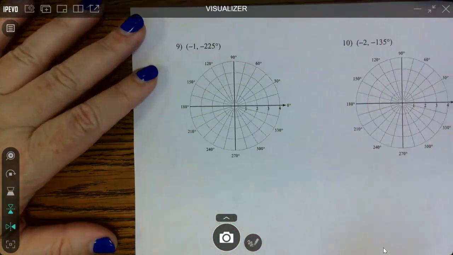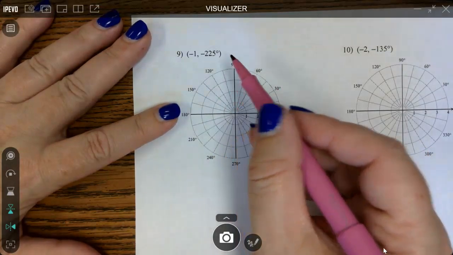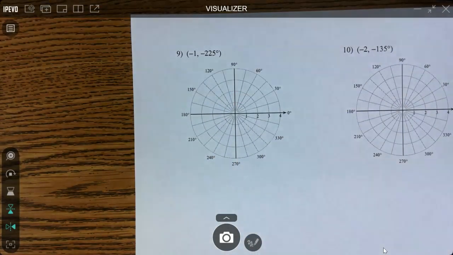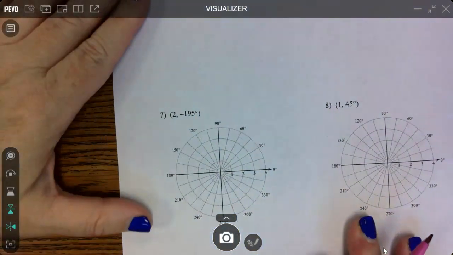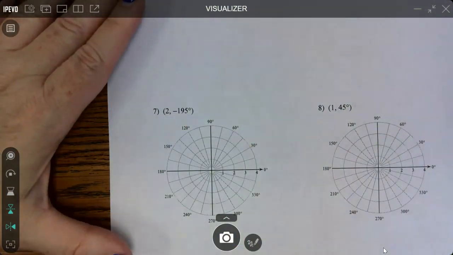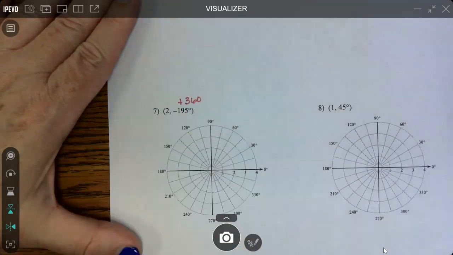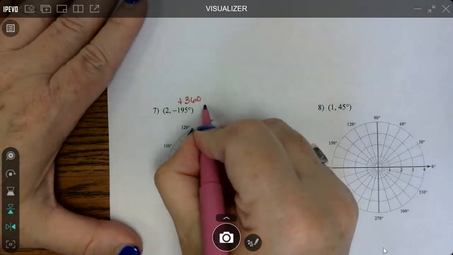Now, what happens if I give you 2 negatives? Actually, I skipped a problem for you. We'll go back. So what happens if you get a negative angle? Think back to first semester. When a negative angle is given, we always add 360 degrees.